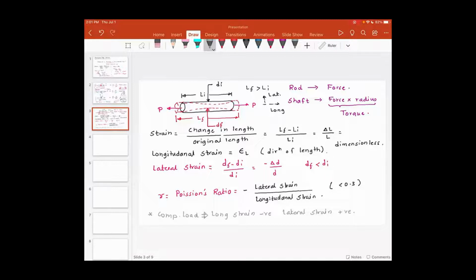Nevertheless, the Poisson's ratio will always be positive. So this is something to keep in mind.